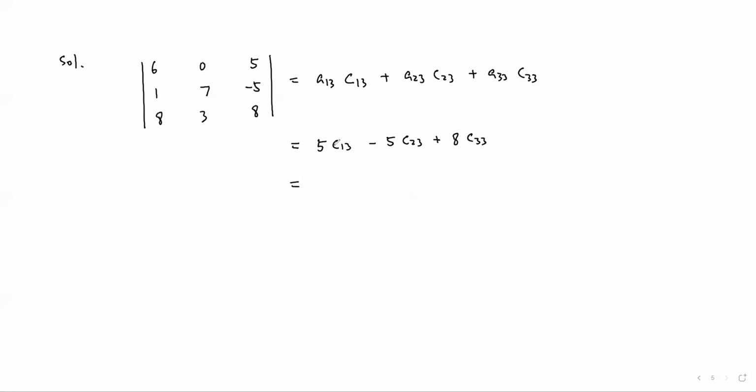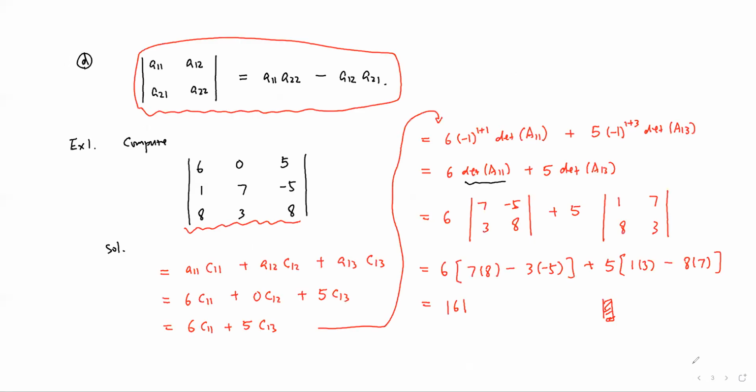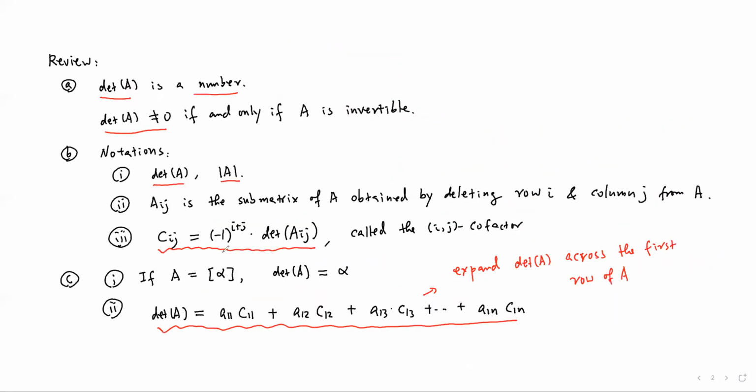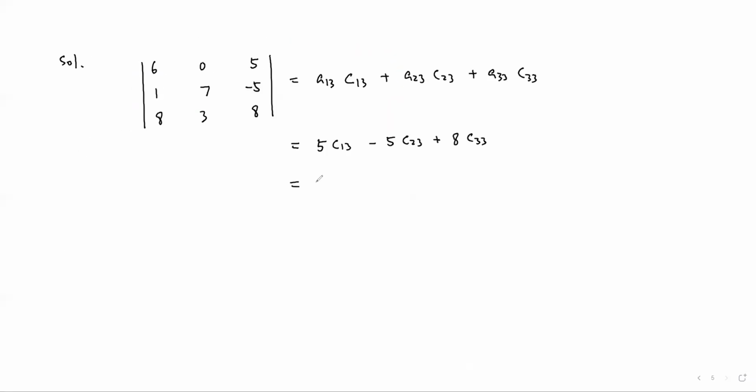Okay, now capital C13 formula is here. It is 5 times (-1)^(1+3) determinant A13, where capital A13 is a matrix.